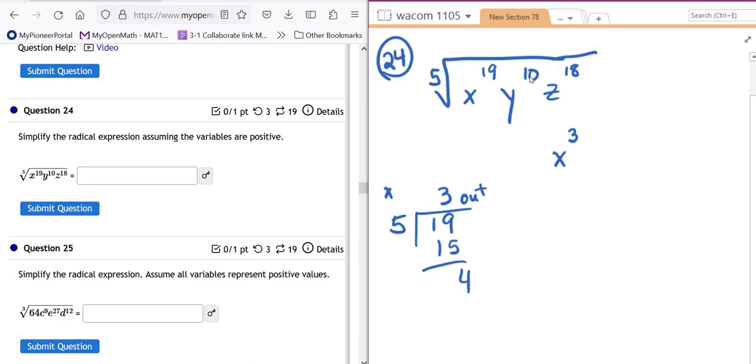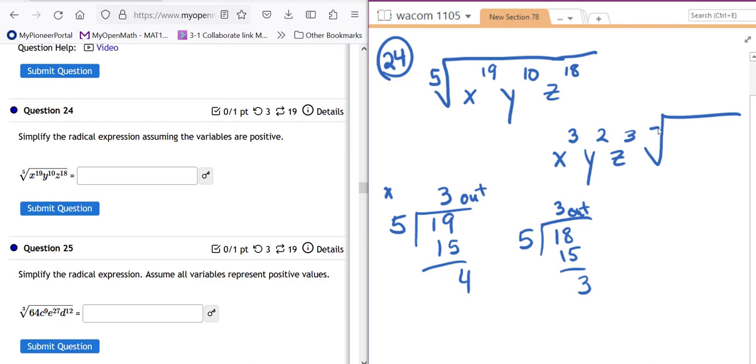All right, your y's divide evenly. 5 into 10 goes 2 times, so they all go outside. And then 5 into 18 does not go evenly. 3 5s are 15, and you have 3 left over. So 3 go outside and 3 go inside. So this is z to the third.